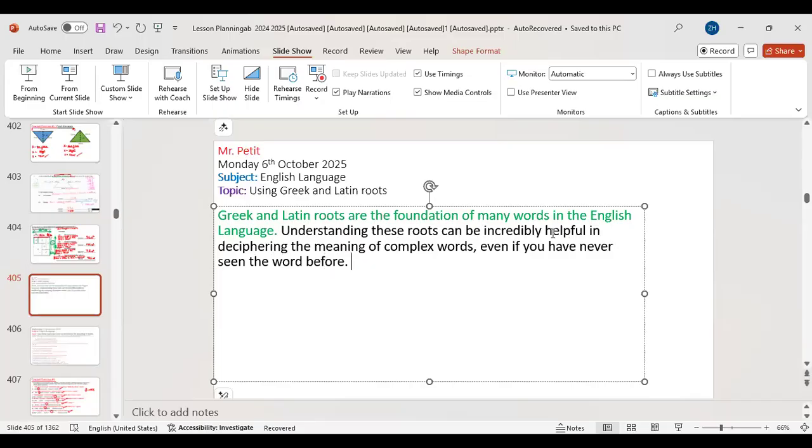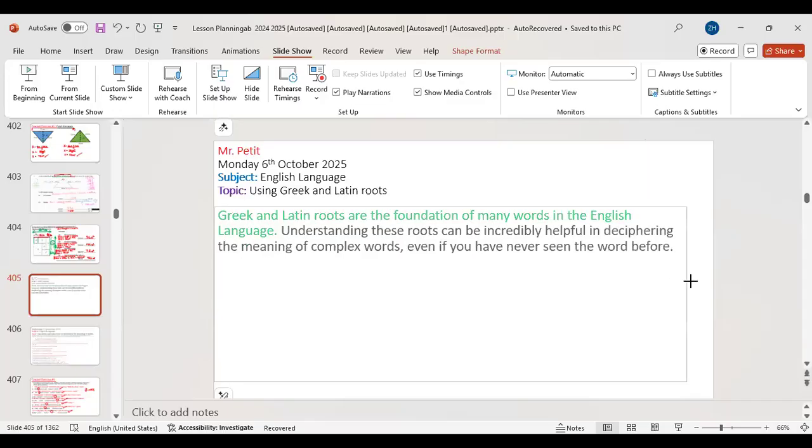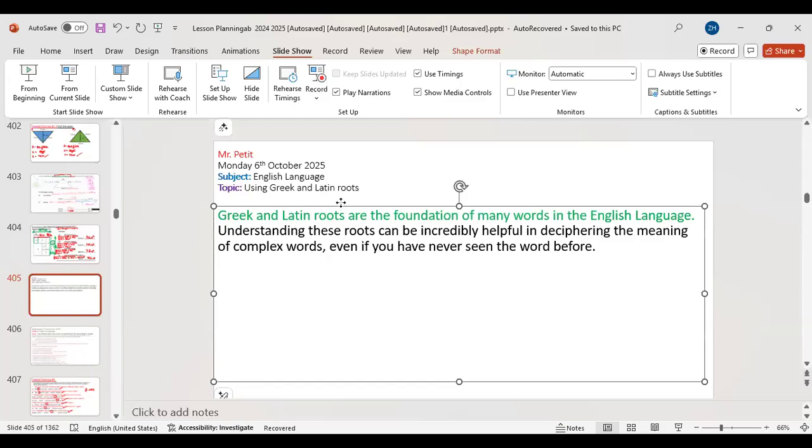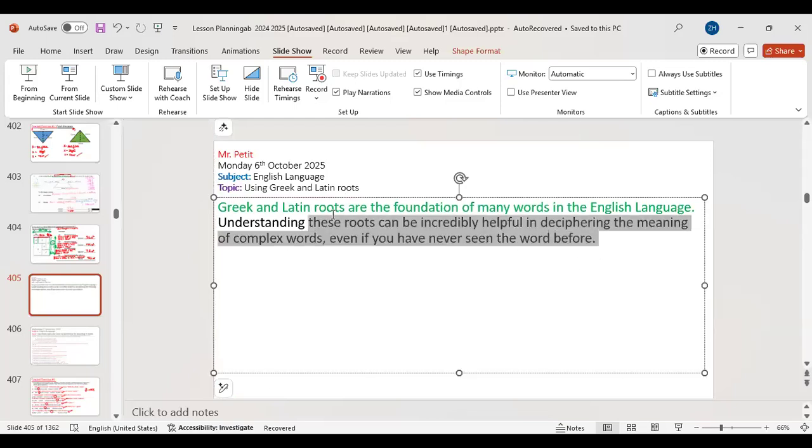It's just like a hack that you could use to help you figure out what words mean, especially if you just encountered a word for the first time.